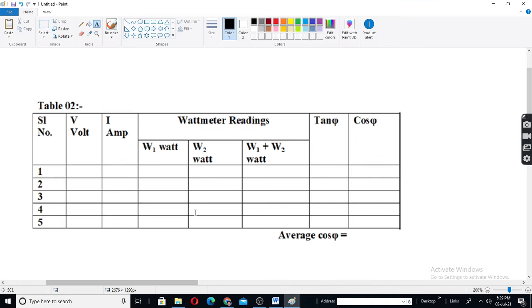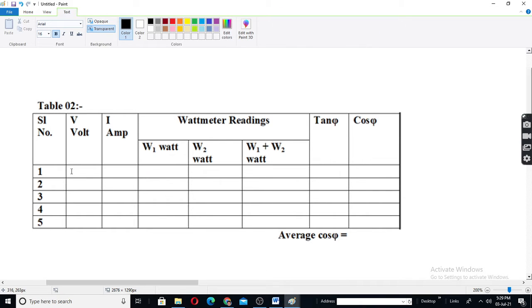Now we will see typical values in the tabular column. V, it is line voltage. So you may get around 390 or 400. We will write 400 here.